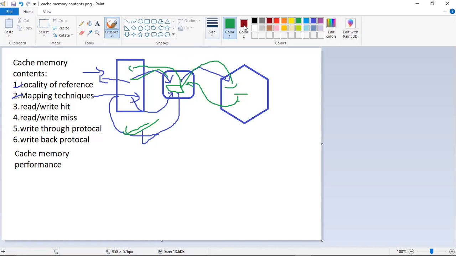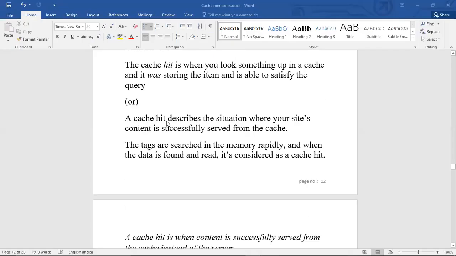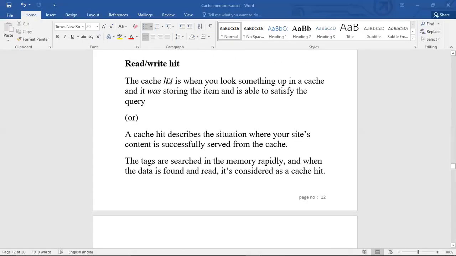This is a miss. If the cache doesn't have the data, that becomes a cache miss. If the data is available, that becomes a hit.